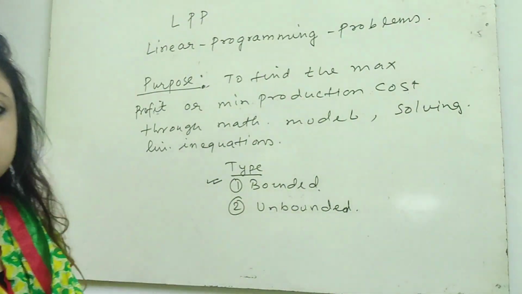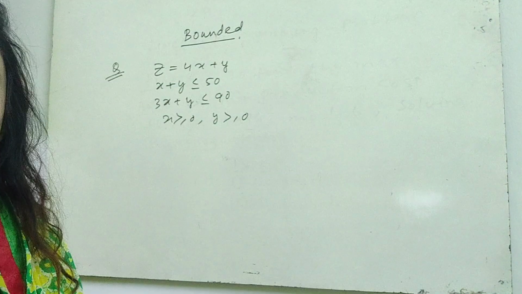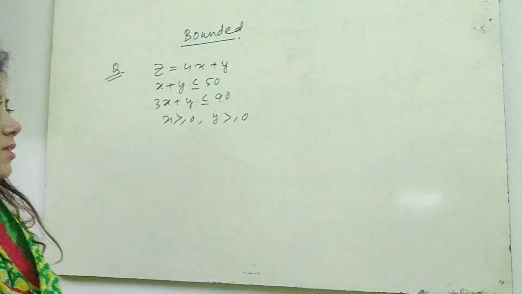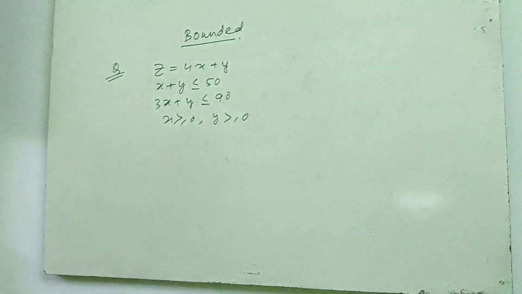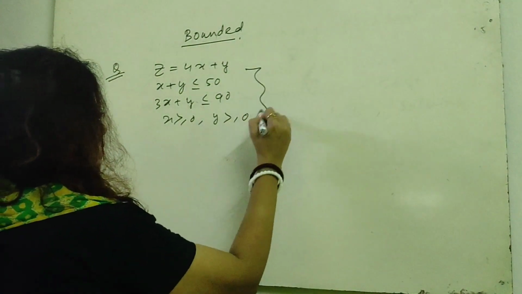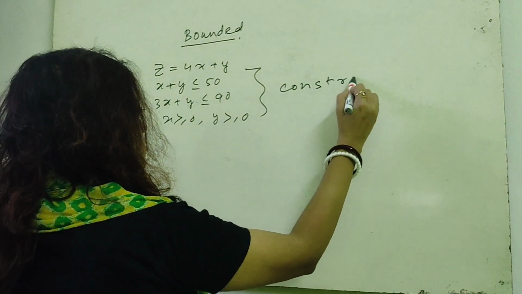Take a screenshot. So students, see, there is a question written: z equal to 4x plus y, x plus y less than or equal to 50, 3x plus y less than or equal to 90, x greater than or equal to 0, y greater than or equal to 0. Basically, these are called constraints.